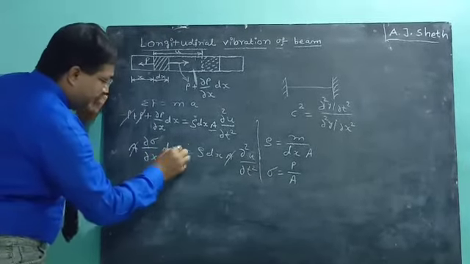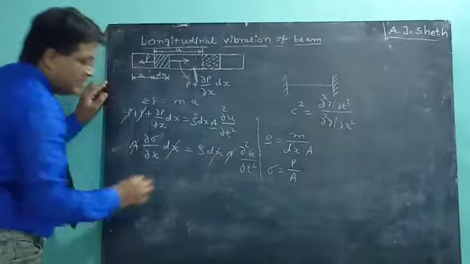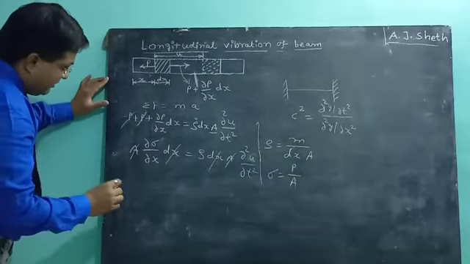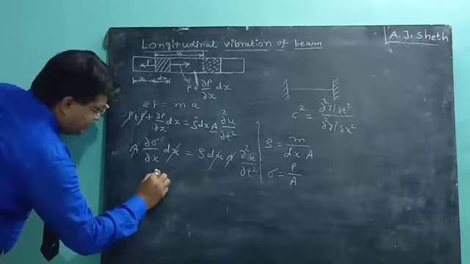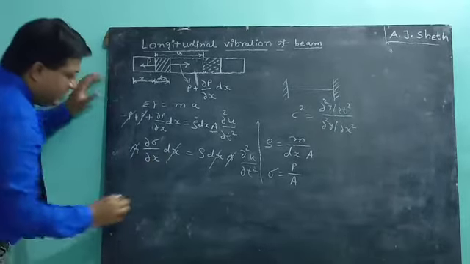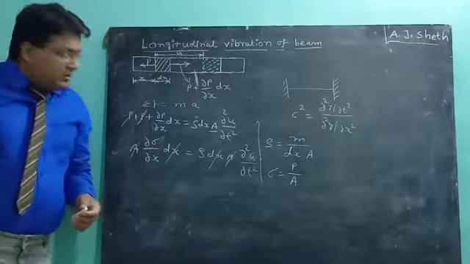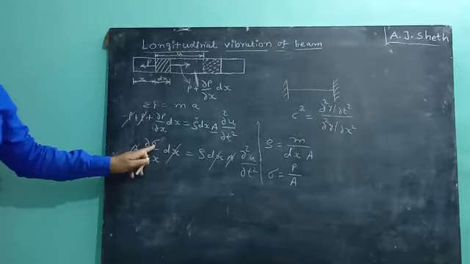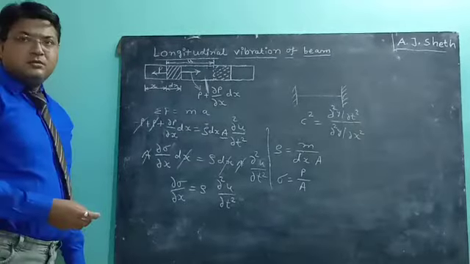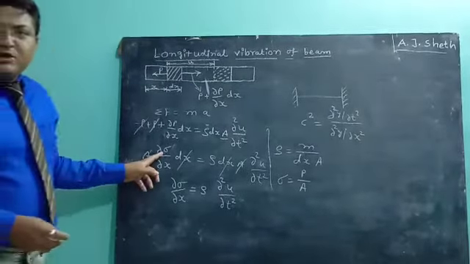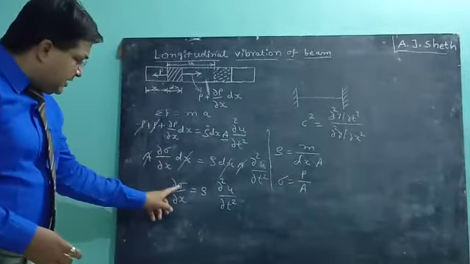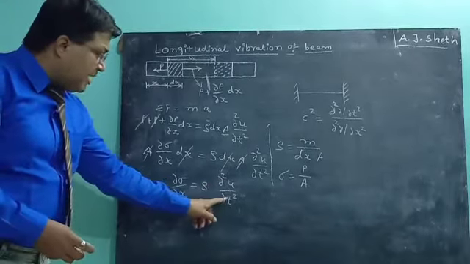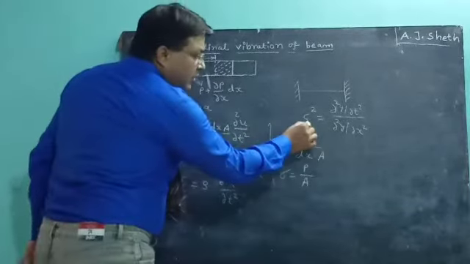Now the final outcome is del sigma by del x is equal to rho del square u by del t square.